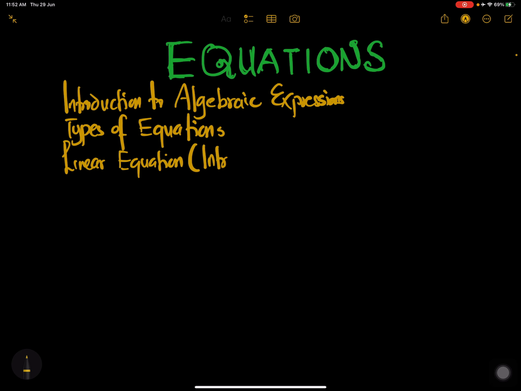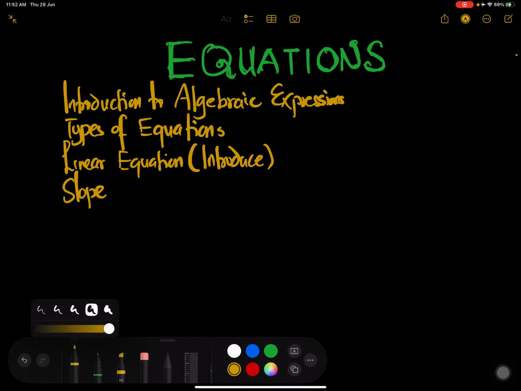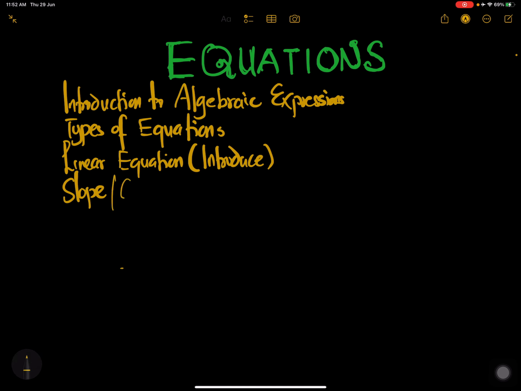After introducing that, the next thing we're going to do is look at slope, how to determine or calculate a slope or a gradient, and we'll compare that with differentiation, the purpose behind differentiation and then a slope or gradient.